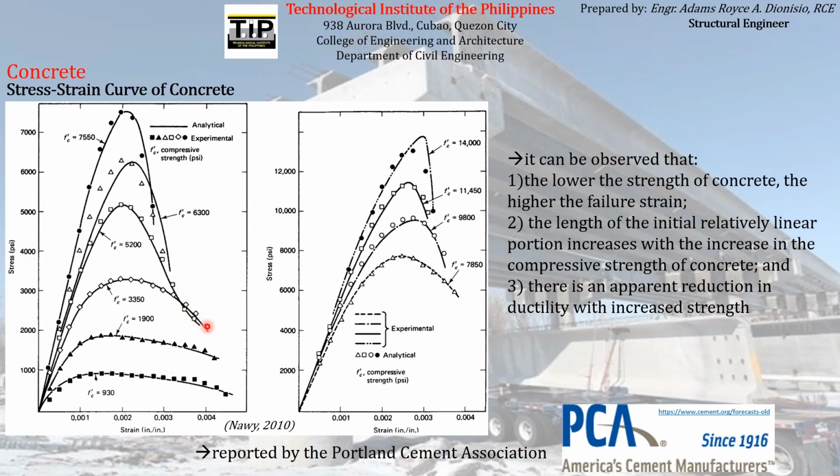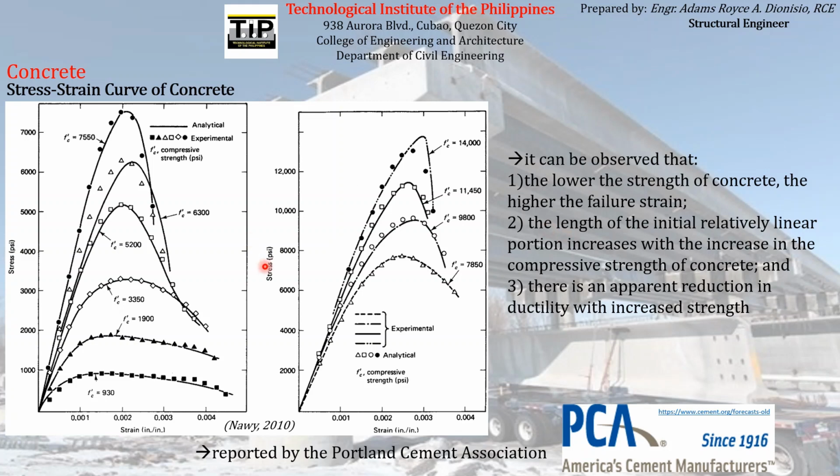For 3,350, here. 1.9, here. And for 930, here. So what is our observation there? We can see that as the compressive strength decreases, the magnitude of the failure strain increases. So that is what we meant by our first observation here.